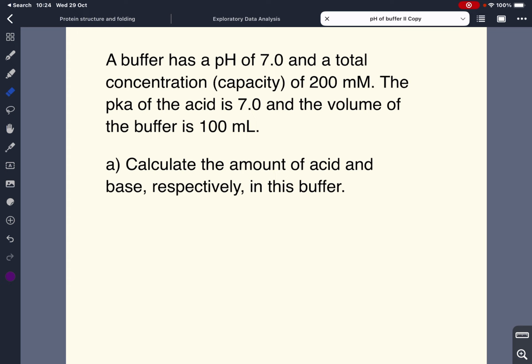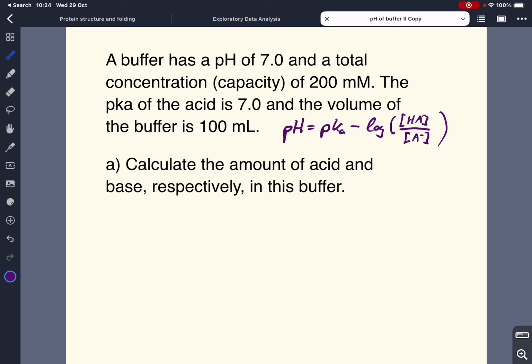And we can write the Henderson-Hasselbalch equation as pH equals pKa minus logarithm of the acid concentration, and abbreviate it like that, divided by the base concentration, and the base I abbreviate like that.